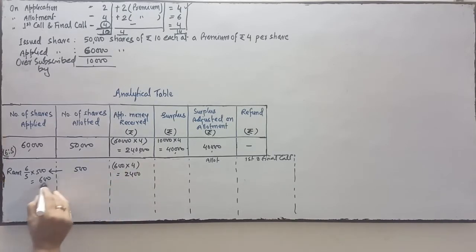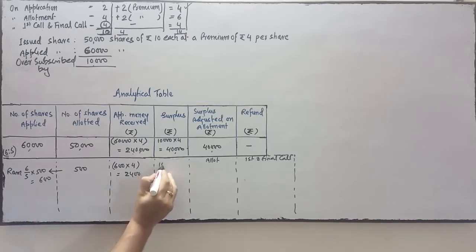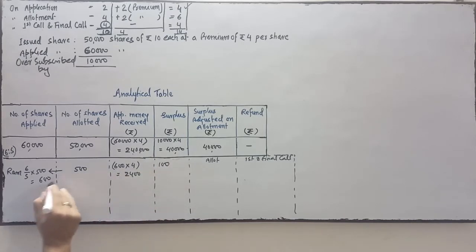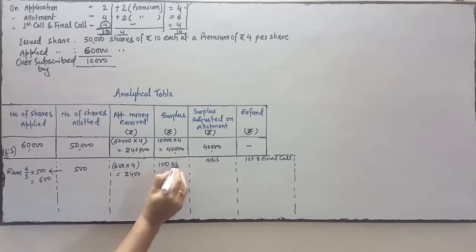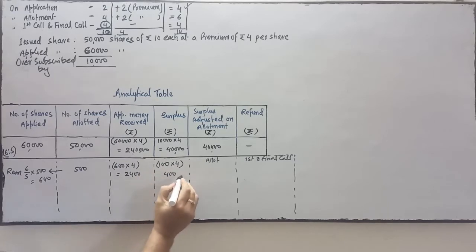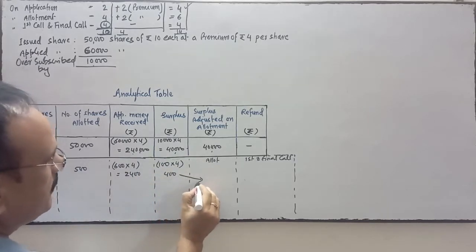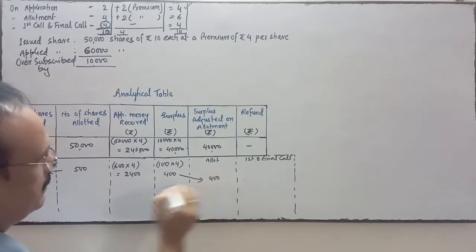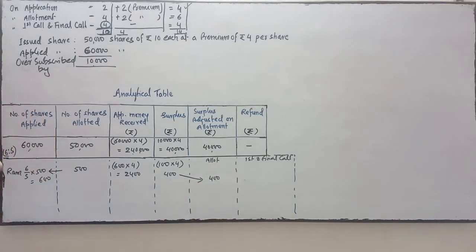Excess money on these shares: applied for 600, allotted 500. It means he has given extra money on 100 shares, 600 minus 500, at the rate of rupees 4 per share. So surplus is 400. This amount will be adjusted on allotment. He has not paid the money on allotment.